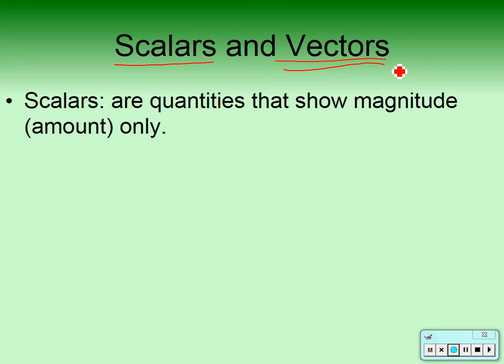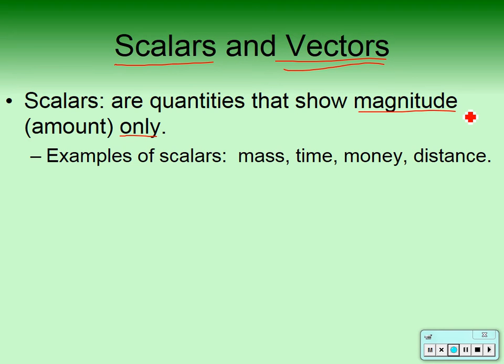Scalars are quantities. So it's a quantity that shows magnitude only, which means an amount. So it's a quantity that just shows amount. Here's an example of a scalar, like mass. Like how many grams of mass does it have? It's just a number.